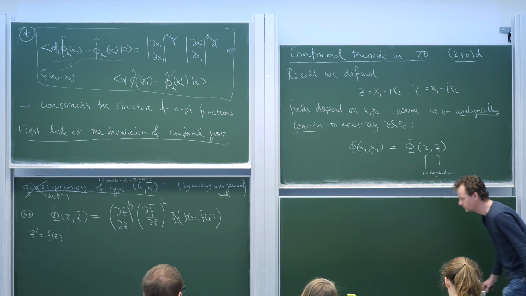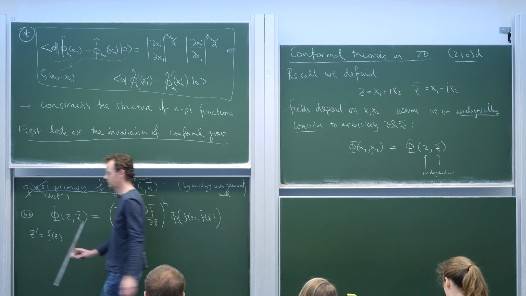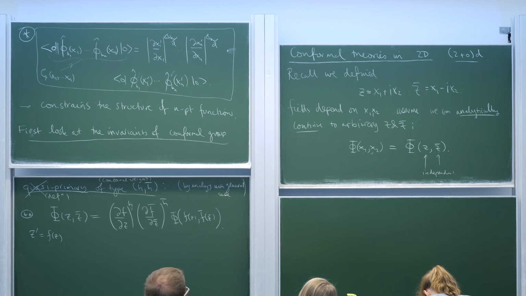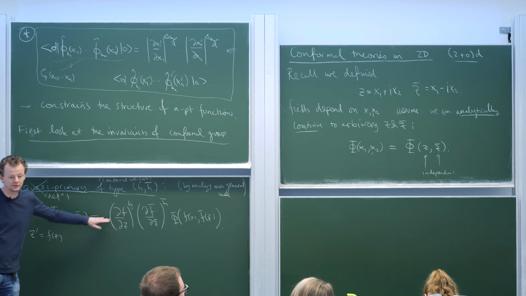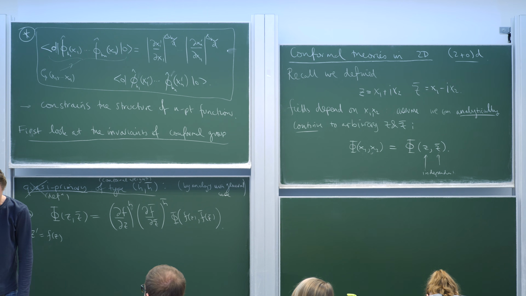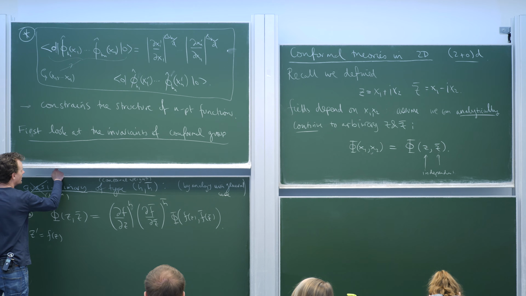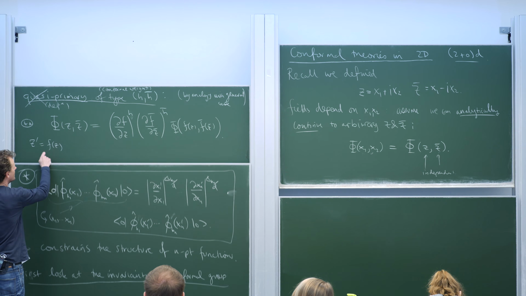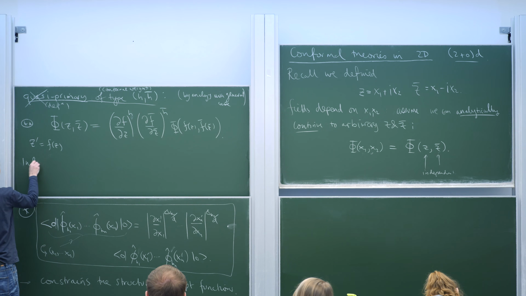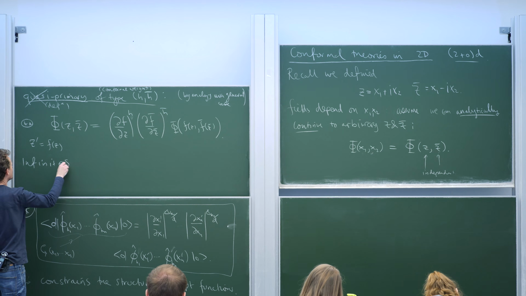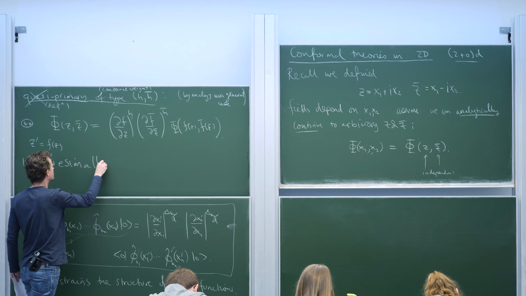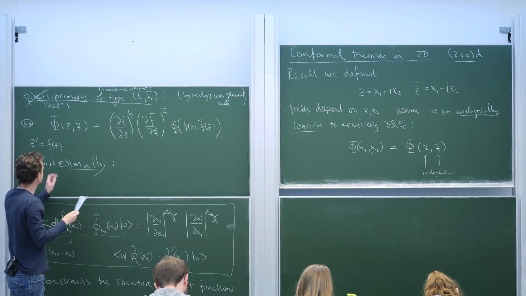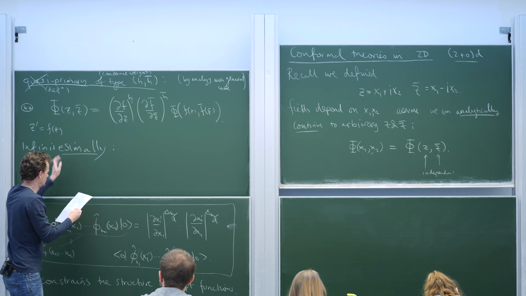So to proceed, it's more convenient to work with infinitesimal transformations rather than full global ones. So we just have to work out the infinitesimal version of this transformation law. Infinitesimally, what does this transformation law look like?